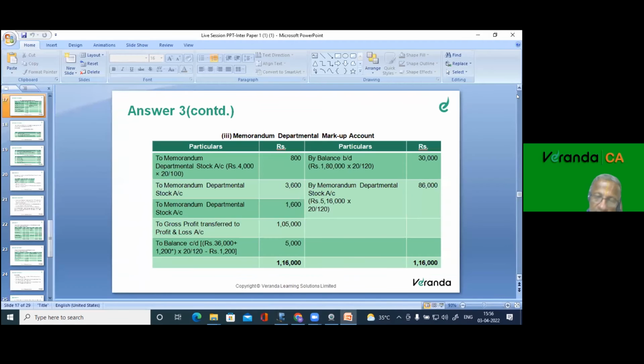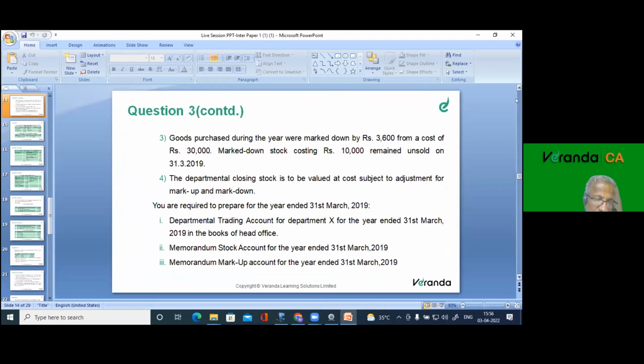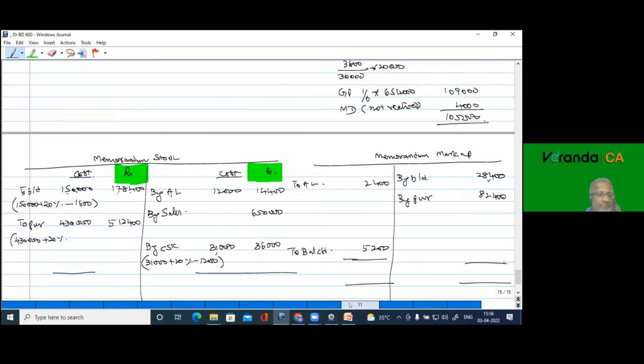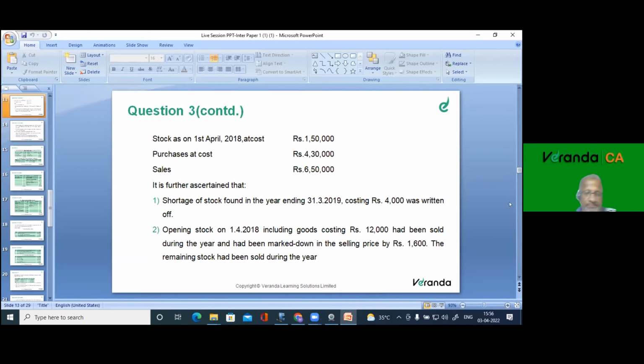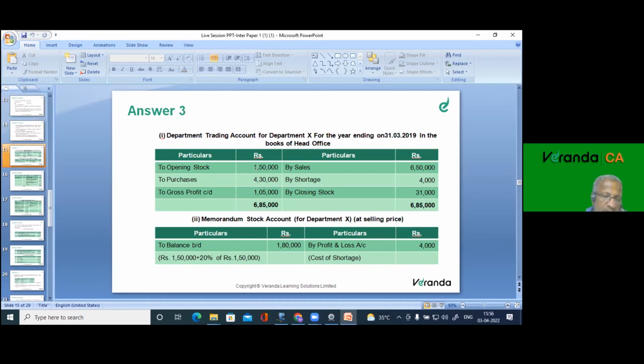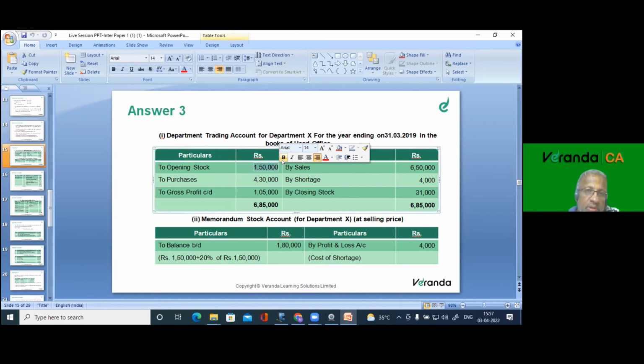So 1,800, there is one item we do have. Yes, I'll tell you what they have just done. See, for every item that we accommodate, so 1,50,000, add to that 20%, it comes to 30,000 rupees.